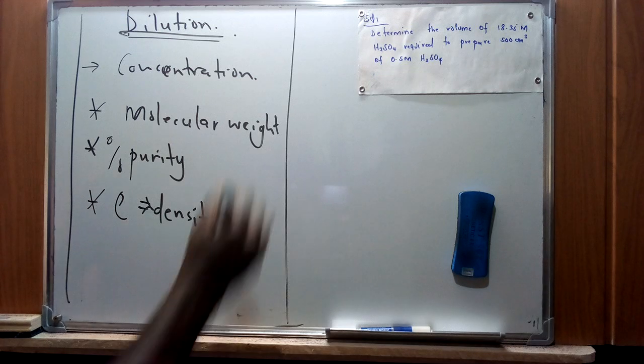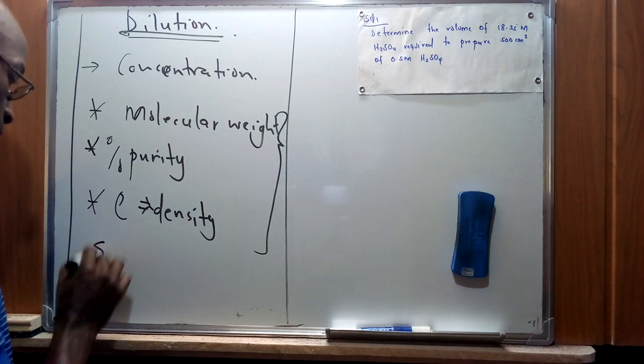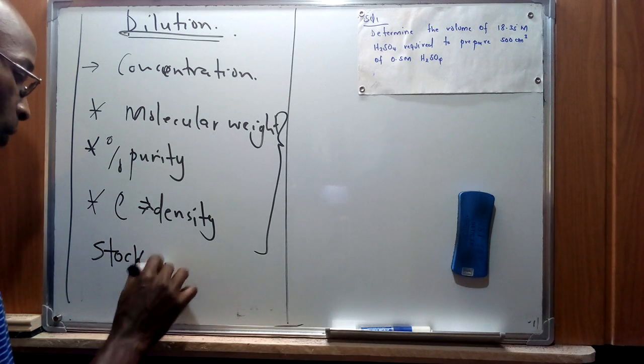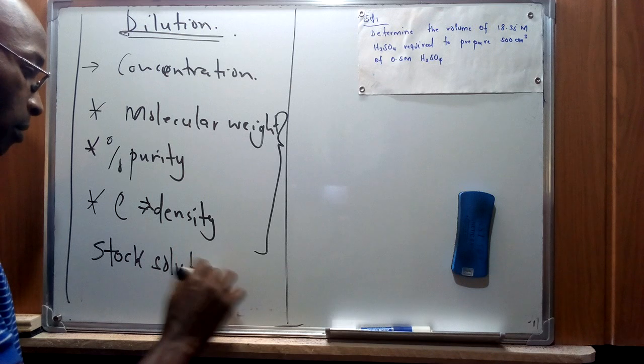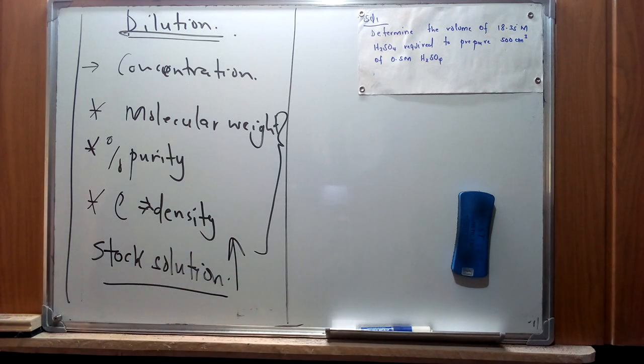This information is essential and it can assist us in preparing a solution of a particular concentration from this concentrated one that we refer to as a stock solution. So the product that we have already purchased, which has these specifications listed on the board, we refer to as a stock solution.